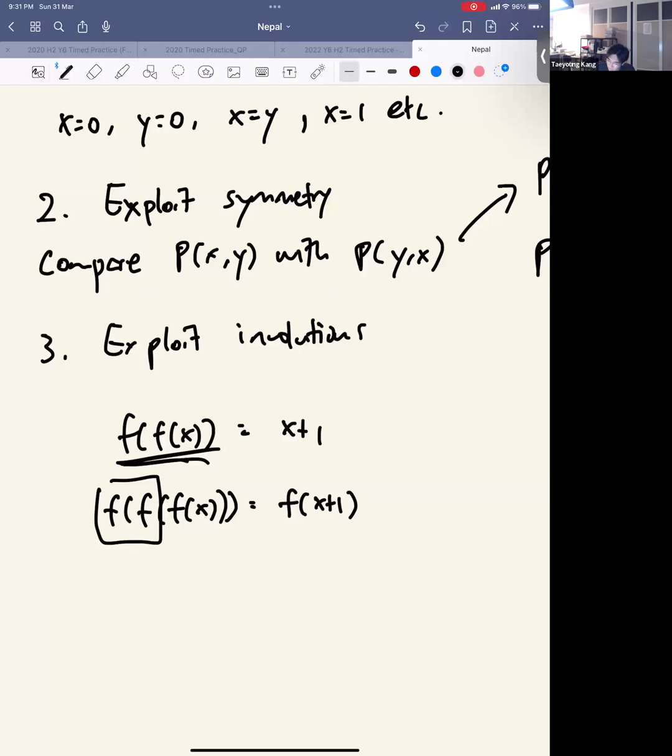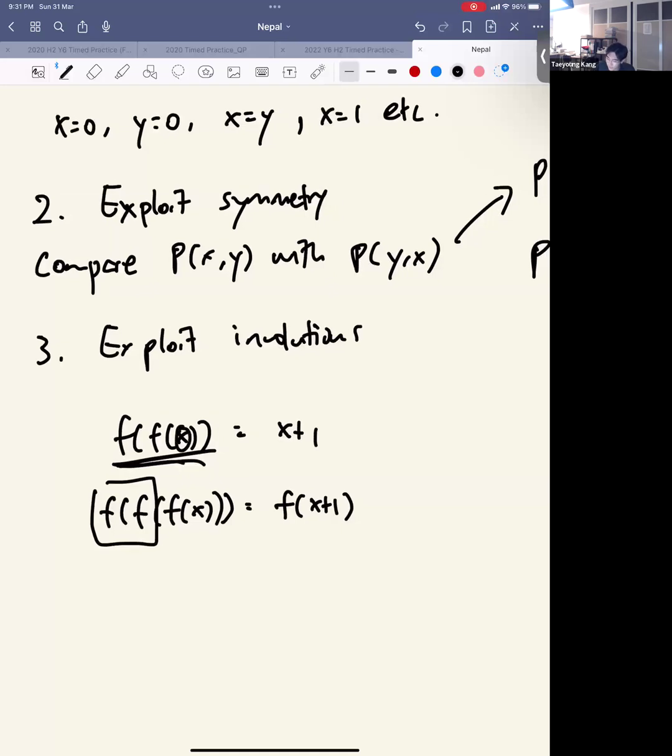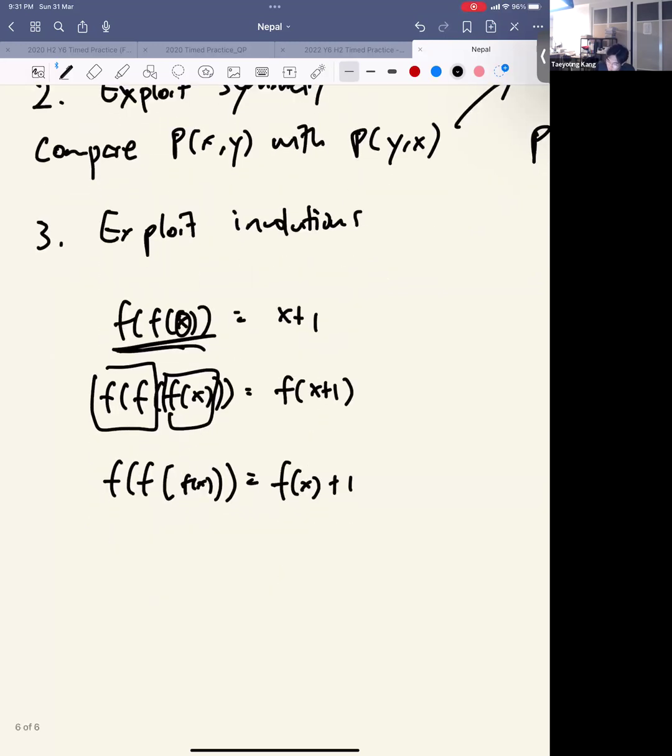So you replace x with f(x), because it's technically f of this thing, which is f(x), and that should equal f(x) + 1. So this condition basically gives us that f(f(x)) + 1 equals f(x) + 1. That's how you exploit involutions.